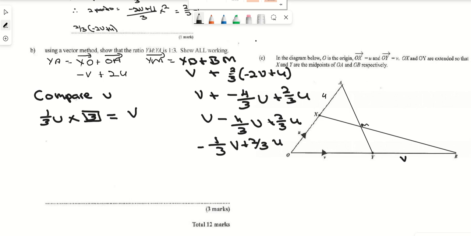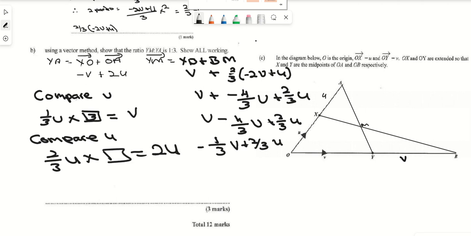So we know that the scale factor is 3 when we compare V's. Now we're going to compare the U's. So the smaller version, which is 2/3 U, multiplied by something will give you 2U. And that is also 3.